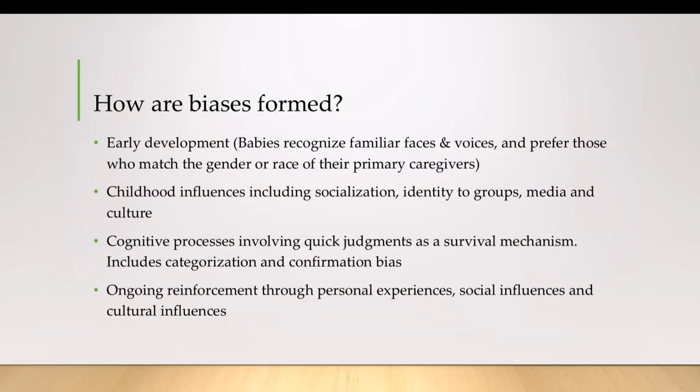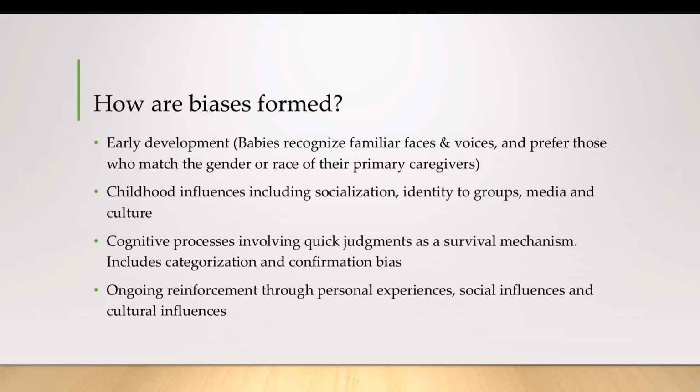How are biases formed? Well, they're formed through a complex process, beginning in early life and continuing throughout our lifetimes. In early development, biases begin even in infancy, as babies can prefer familiar faces and voices. As children grow, they're shaped by their environment, including socialization, identity to groups, media, and culture.